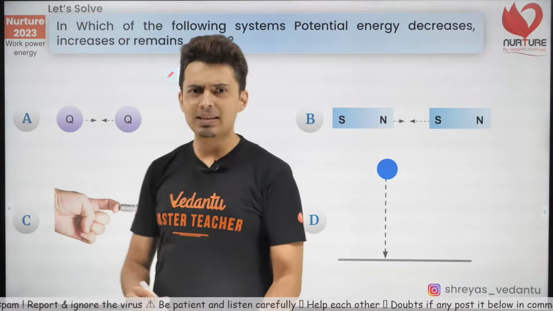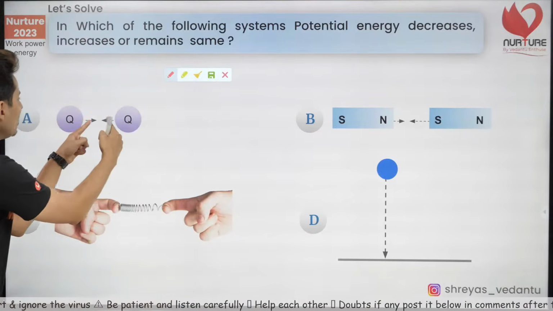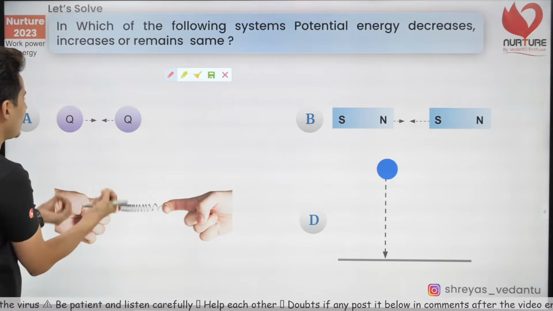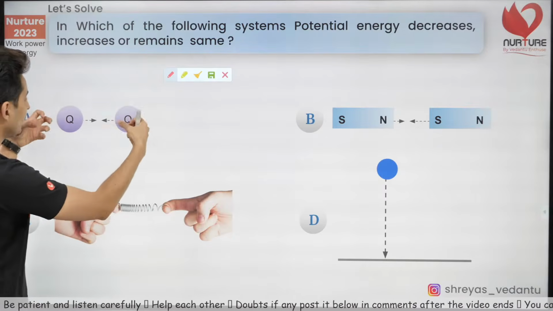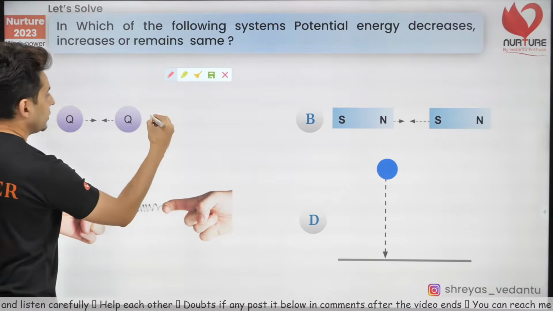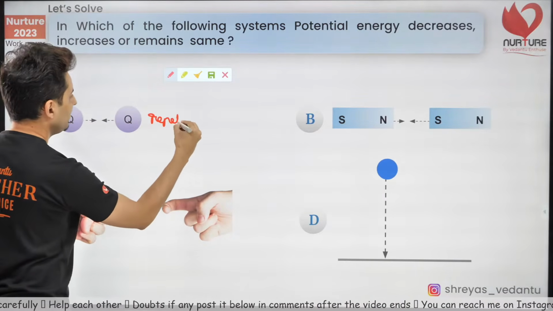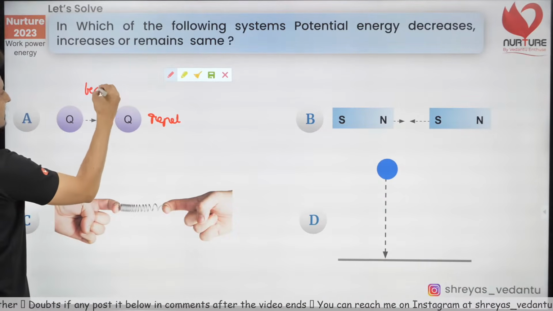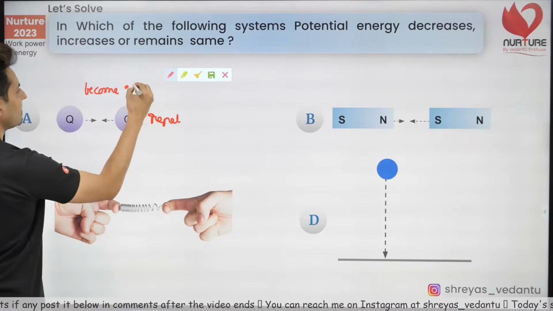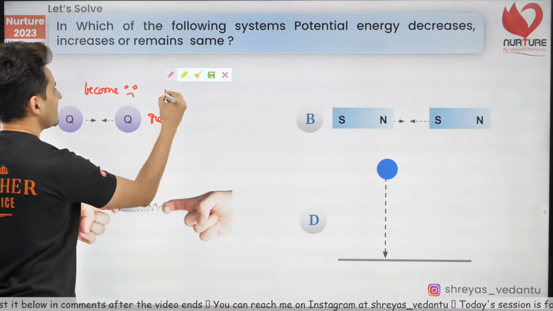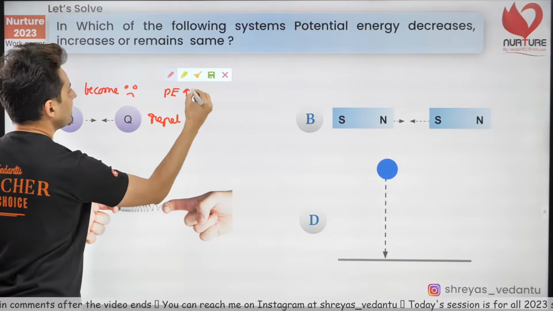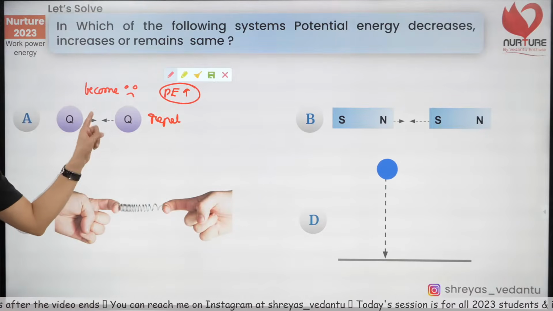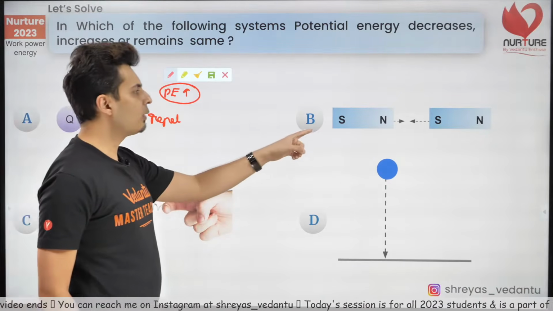Okay, so in the first case, just try to think, when you bring them together, will they become happy or sad? When you bring them closer, they try to repel each other. So they will become sad. If they become sad, that means the potential energy increases. Same way over here.